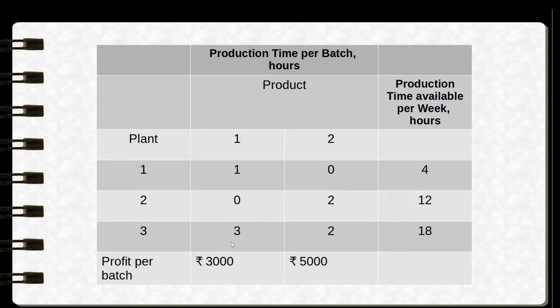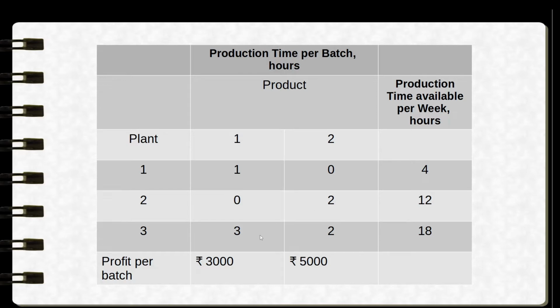Now where do the aluminum frames come from? They come from plant number 1. And it takes 2 hours to produce a batch of wooden frame windows. Now where do these batches of wooden frames come from? They come from plant number 2. Here in plant number 3, the maximum slack time available is 18 hours.